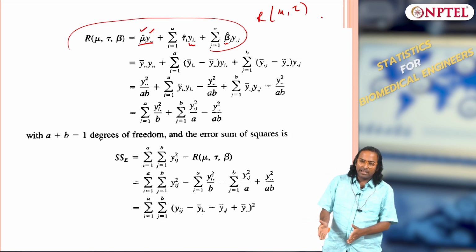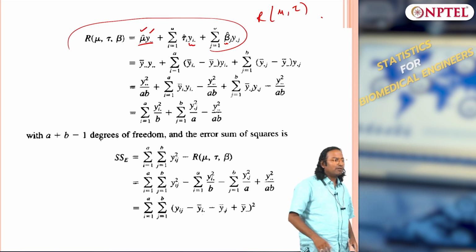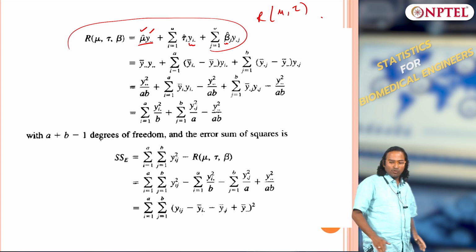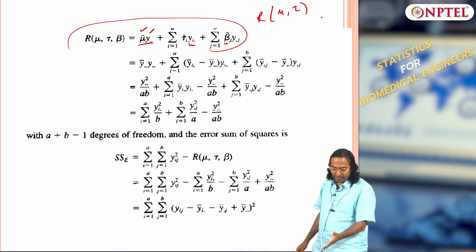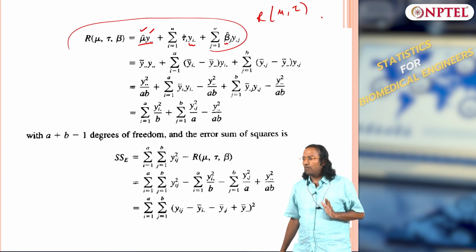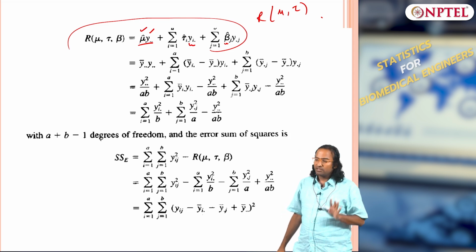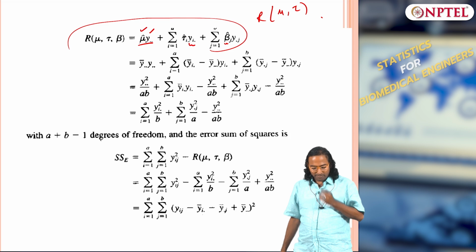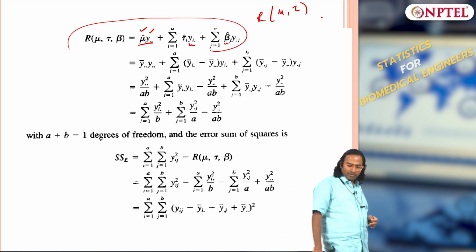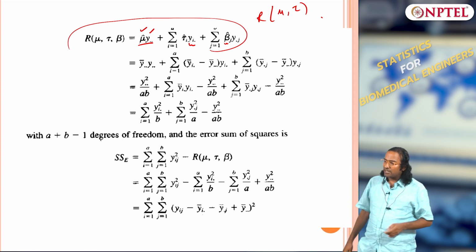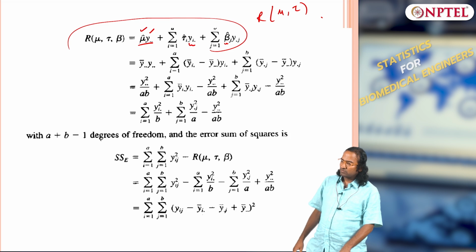You can substitute your estimates and get it. The R value of this model is the variability explained. From that you can calculate the sum squared error also, right.